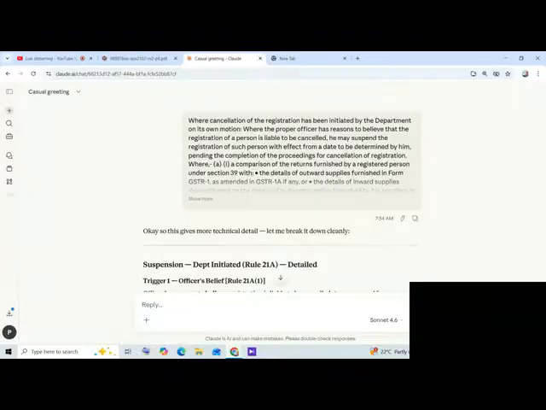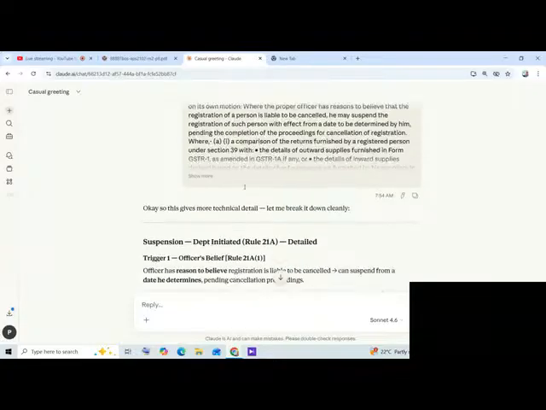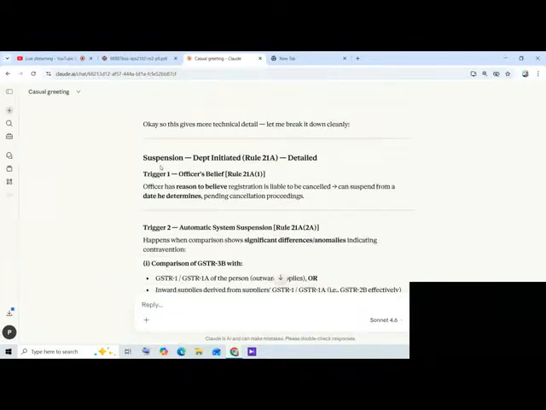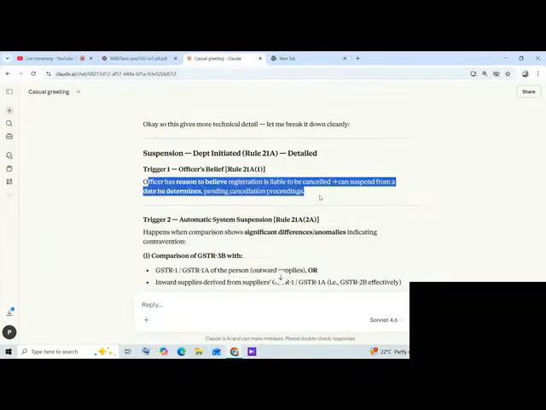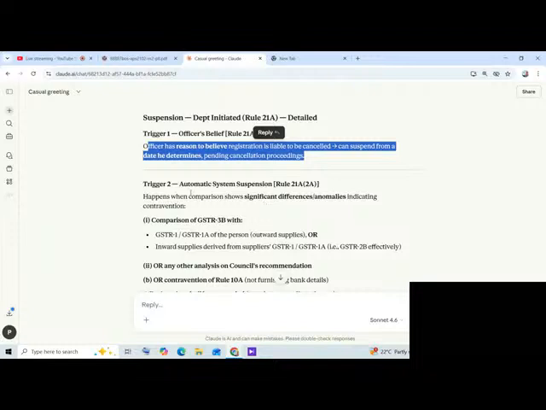When the cancellation of the registration has been initiated by the department on its own motion: suspension, department-initiated, Rule 21A. Trigger 1, officer's belief: the officer has reason to believe the registration is liable to be cancelled and can suspend from a date he determines, pending cancellation proceedings.